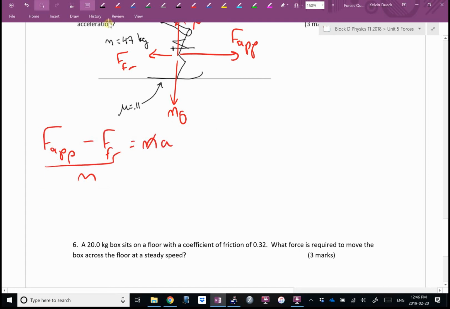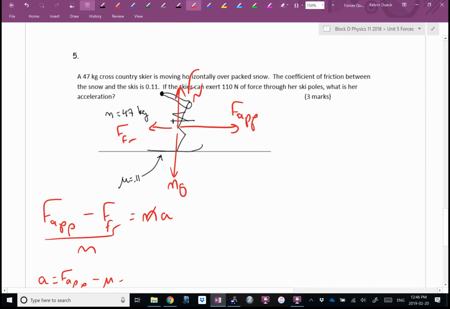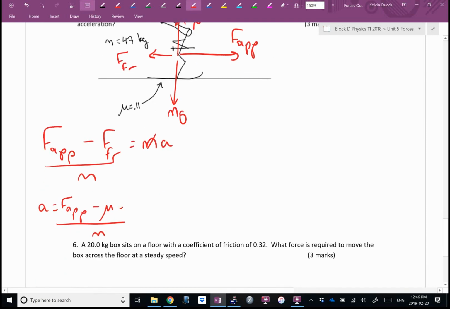We're going to get A equals F applied minus mu times the normal force all over M. Wait a minute, I don't know the normal force. Or do I? Look. I know the force of gravity is the same size as the normal force. I can go mu, and I can replace the normal force with mg.